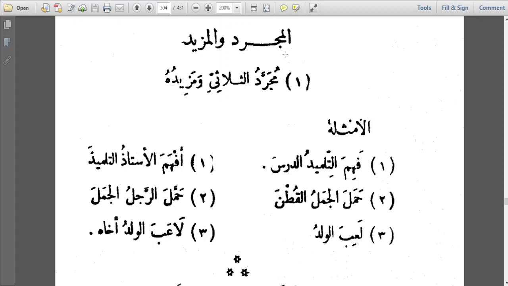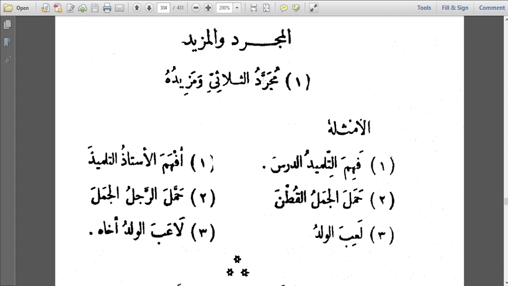You don't add haphazardly, but you're adding based on some rules, which we will come to learn inshallah. So he's saying that al-mujarrad is the one that does not have any addition. That is the one that is just made up of the root letters. And al-mazidu fihi is the one that has additional letters. And the letters are added to create specific meanings.